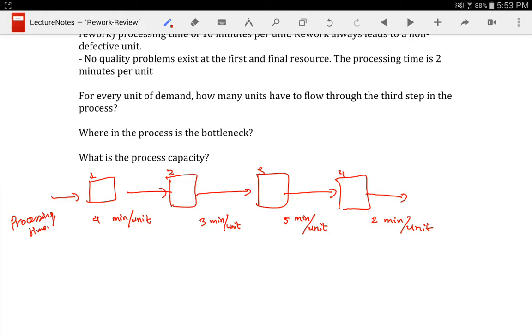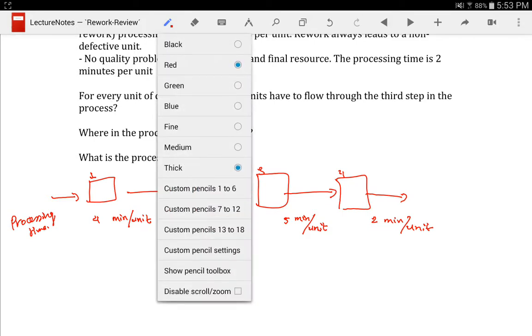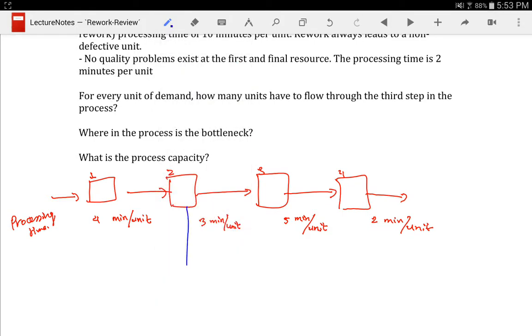Well, if there were no rework problems, this would have been an easy problem. With the processing time we could calculate the capacity, and the one with the lowest capacity would be our bottleneck. But that's not the whole story, because there is rework and scrap going on. So here there is a scrap of 50%.